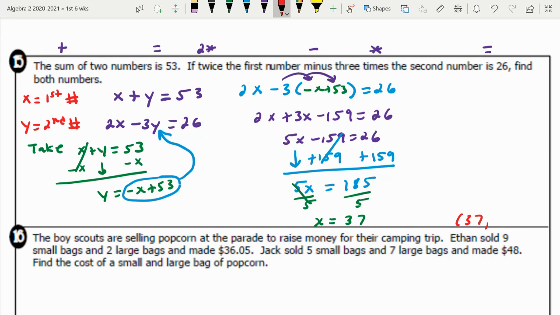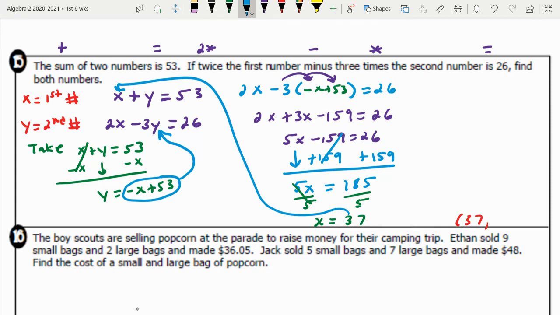Okay, so now we take that 37. Once the variable equals a number, we can substitute it into almost any x from the original equations. So let's go ahead and put it into the top one. Looks the easiest. So I'm going to take this 37 and drop it right in here.